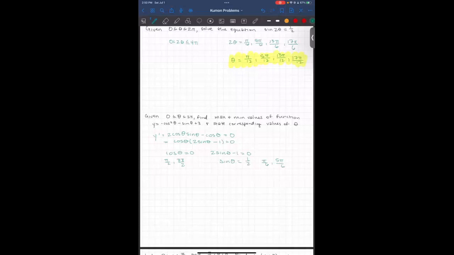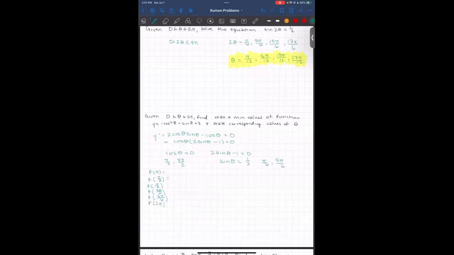Now that we have the roots of our derivative, which are our critical points, we want to plug all of those back into our original equation and figure out what the minimum and maximum are. Remember, we also want to include the bounds of our domain. So we'll do f of 0, f of pi over 2, f of pi over 6, f of 3 pi over 2, f of 5 pi over 6, and f of 2 pi.